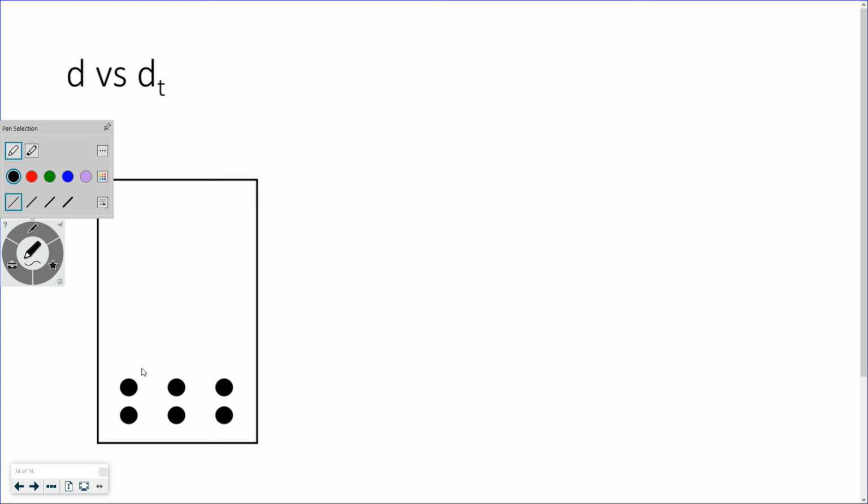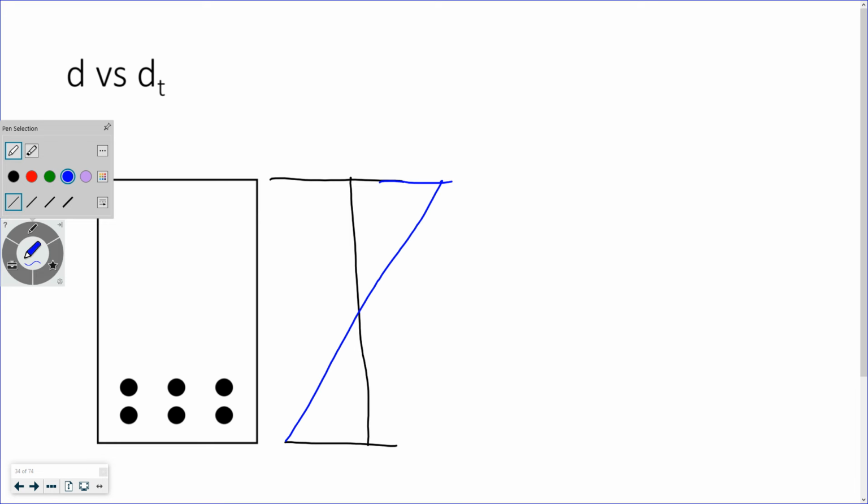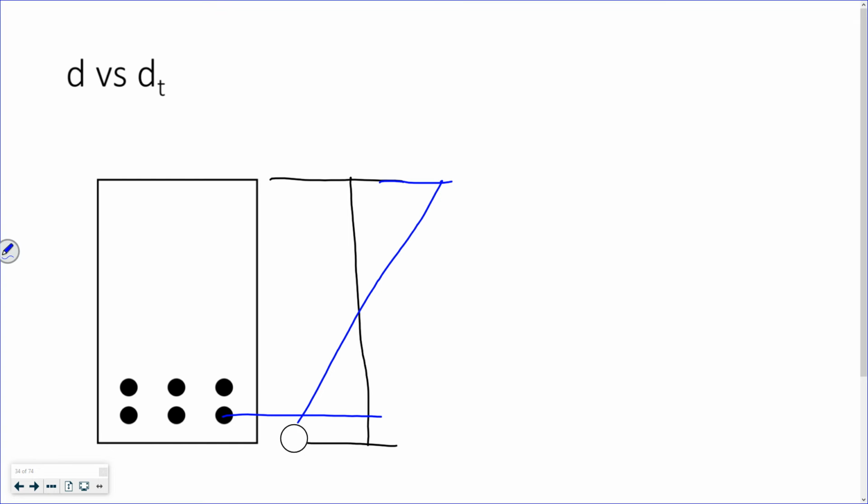But if we look at the strain profile of this section, right? Like that.